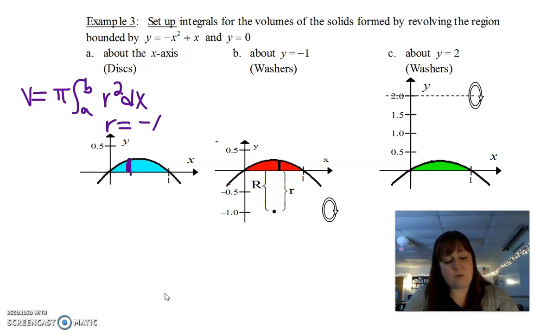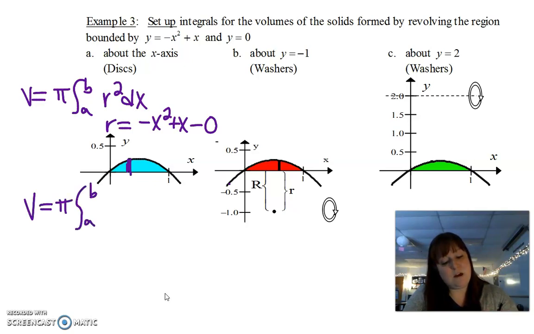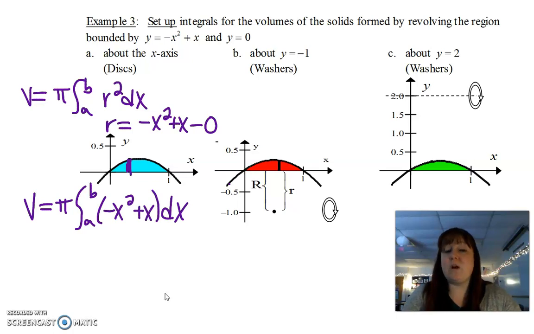So we're going to take the top curve minus the bottom curve, which is 0. So our radius is negative x squared plus x. So the volume of this solid is going to be pi times the integral from a to b of negative x squared plus x dx. And then the question is, what are our limits of integration?